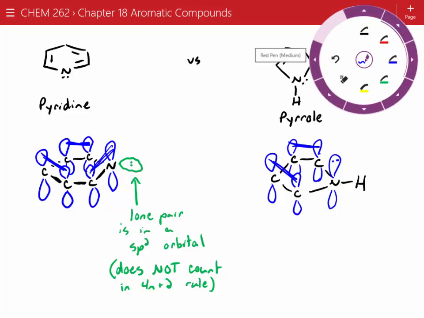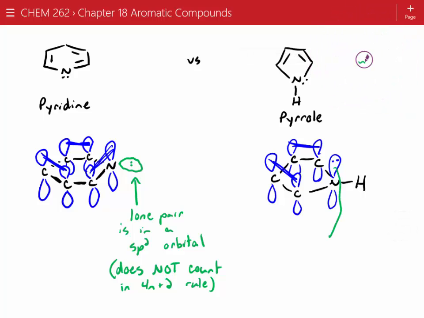So in this example, the lone pair is in a p orbital, and it counts for the 4n plus 2 rule. So this one is aromatic.